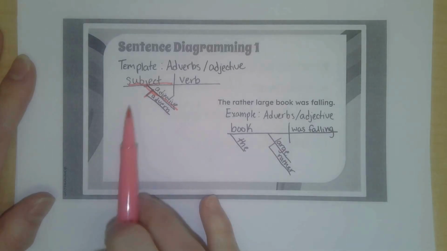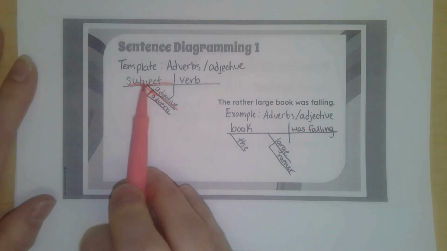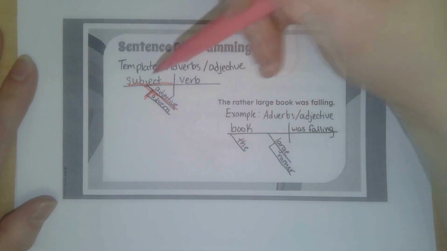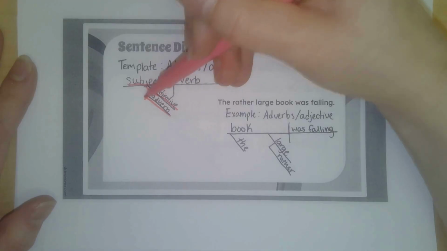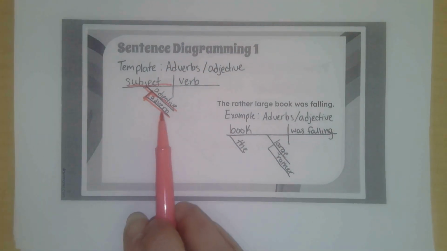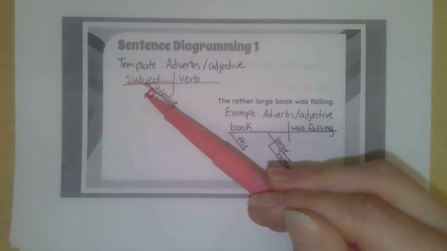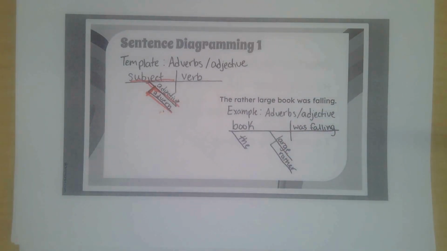As your adjective is connected to your subject, describing your subject, your adverb is going to connect to your adjective. It's going to describe the adjective, just like that. Because the adverb is not describing the subject, it's describing the adjective. And when a word is describing another word, you always connect it to that line.